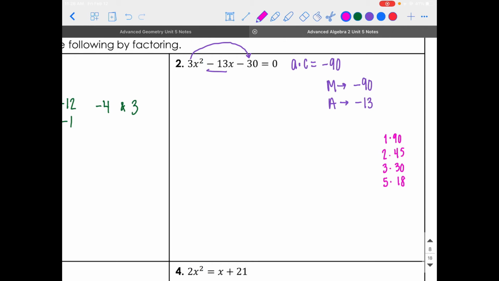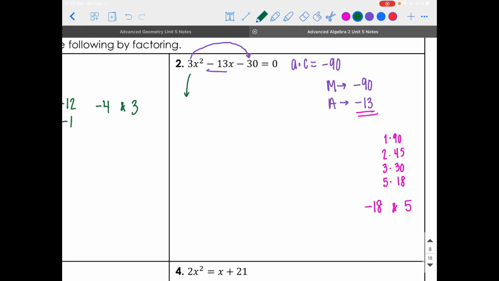And all of a sudden, I see that 5 and 18, I can combine those to get 13. If I have a -18 and a +5, that gives me -13. So you do not just go put x minus 18, x plus 5. That's not correct. We have more steps to do.